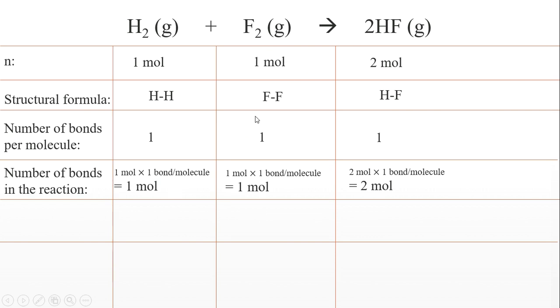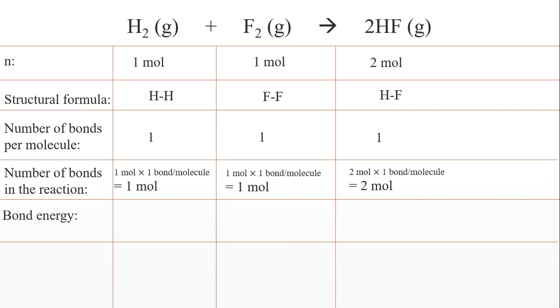So we have 1 mole of H-H bonds, so covalent bonds between hydrogen atoms. We have 1 mole of covalent bonds between fluorine atoms, and we have 2 moles of bonds between hydrogen and fluorine within the hydrogen fluoride.